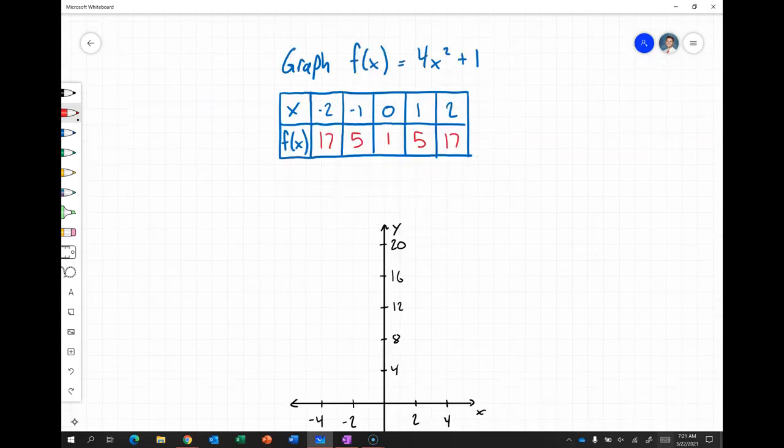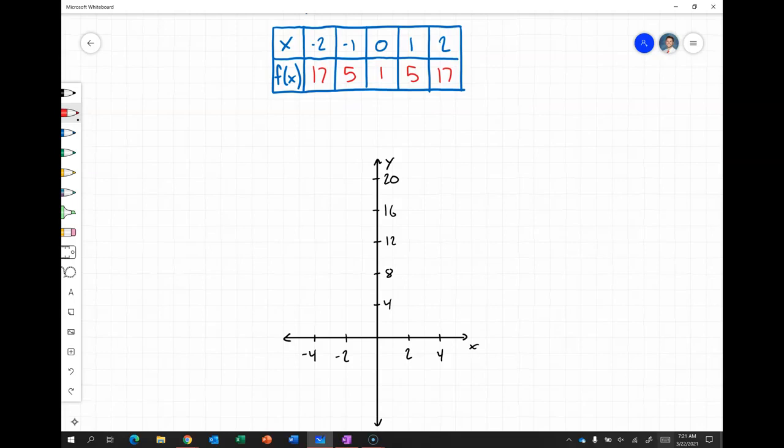So we can go ahead and graph that. So at negative 2, we have 17. At negative 1, we have 5. At 0, we have 1. And then 1, 5, and 2, 17.